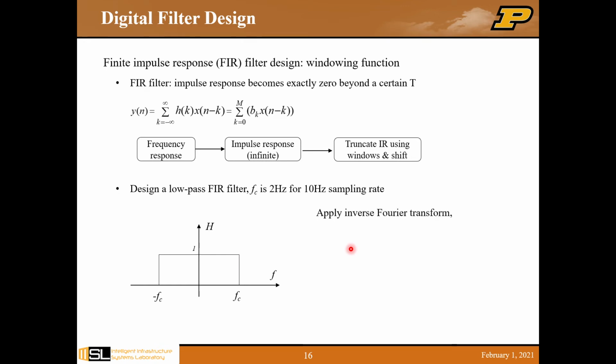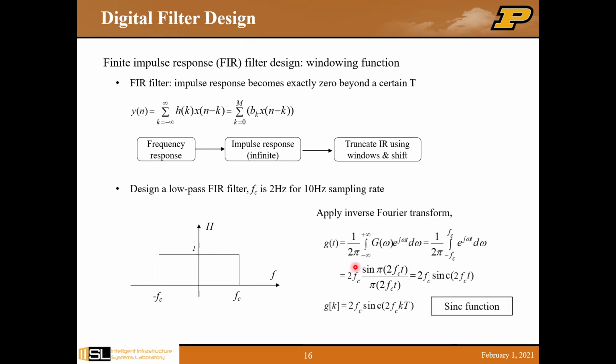We first apply the inverse Fourier transform. We obtain g(t) by using the inverse Fourier transform formula. We can obtain that g(t) is equal to 2 times FC times sinc of 2 FC t. This sinc represents the sinc function. We already showed that before.